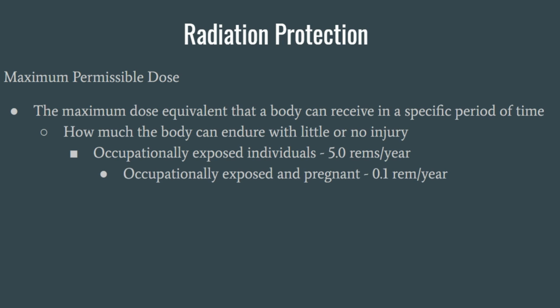Now, if you are occupationally exposed and pregnant, that drops down to 0.1 rems per year, which is the same as a non-occupationally exposed person. So your patients that come in are non-occupationally exposed and they should only receive 0.1 rems of radiation per year.